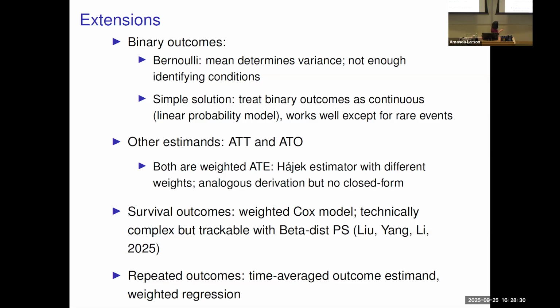And we also did the ATE and ATO, other estimators, both weighted ATE. So with continuous outcome it is not too hard. With survival, it's hard, but we all know that's worthwhile.